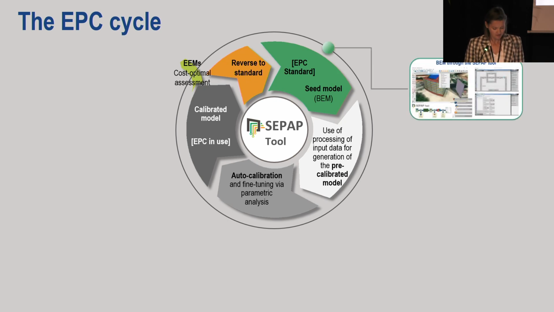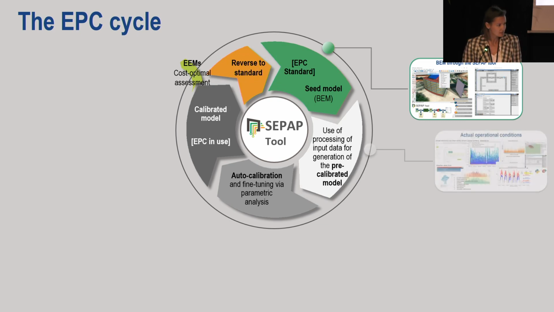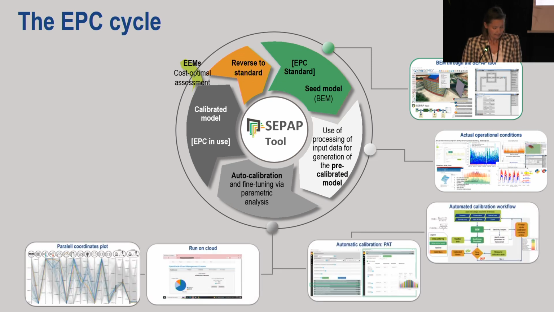First, we start with the development of this first building energy model with dedicated tools. Then we go to the definition and adjustment of actual peak loads and operational schedules according to available data, monitoring data, and other information. Then we proceed with the auto-calibration step with the use of parametric analysis and optimization algorithms.